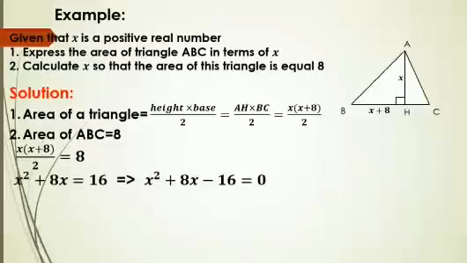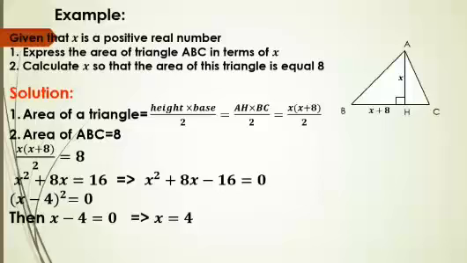To solve this equation, take everything to the first side, it is equal to 0. This is of the form a minus b quantity squared. So x minus 4 quantity squared is equal to 0. Then x minus 4 is equal to 0, so x is equal to 4.